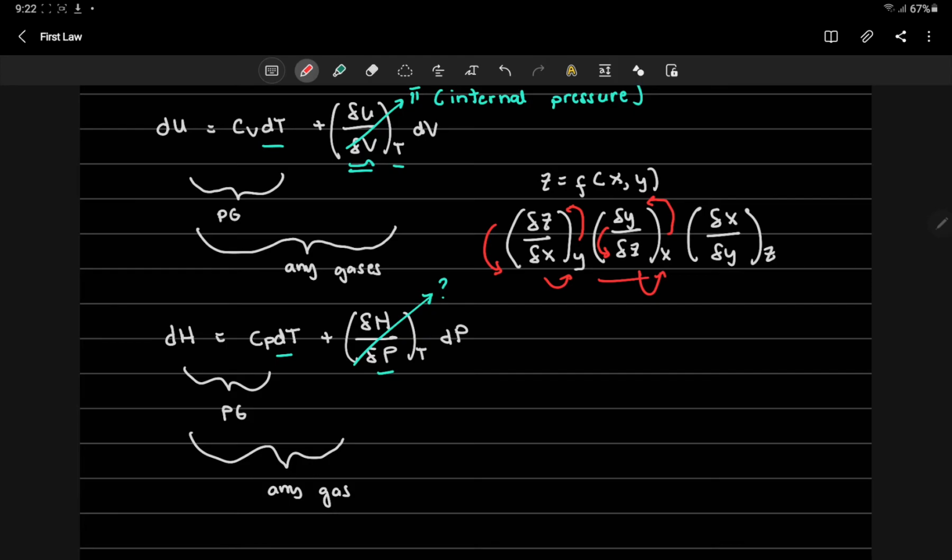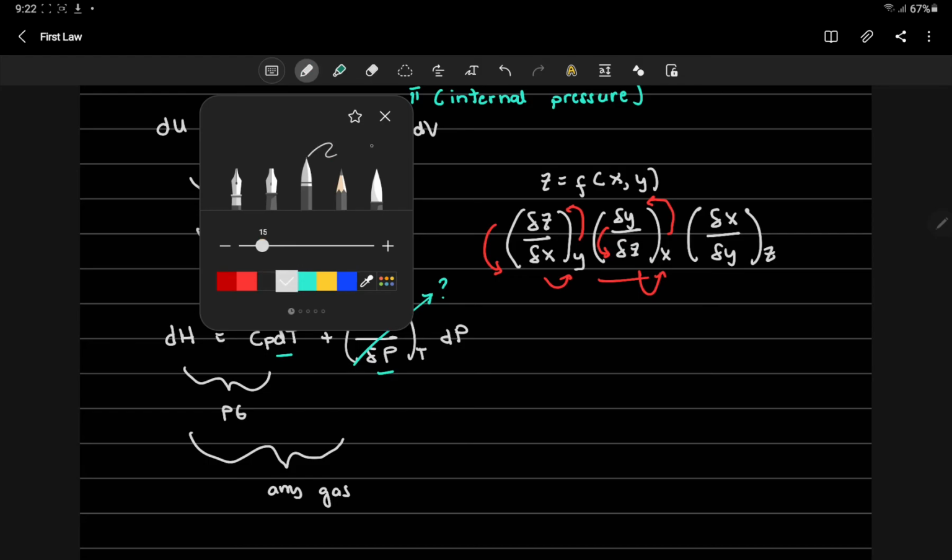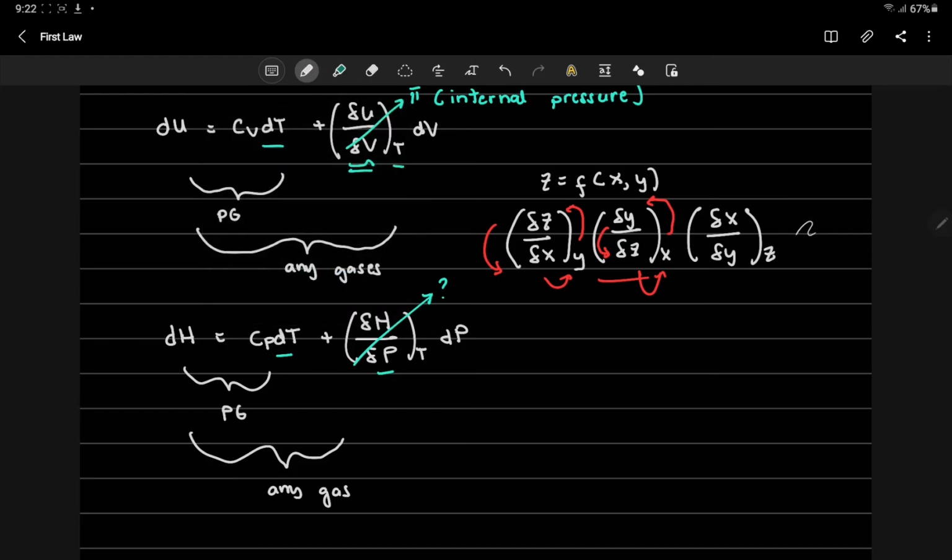So, if I multiply all these three, mag-i-equal daw yan mathematically sa negative unity. Okay? And we call this relation in math as Euler's chain rule, or Euler's chain relation.